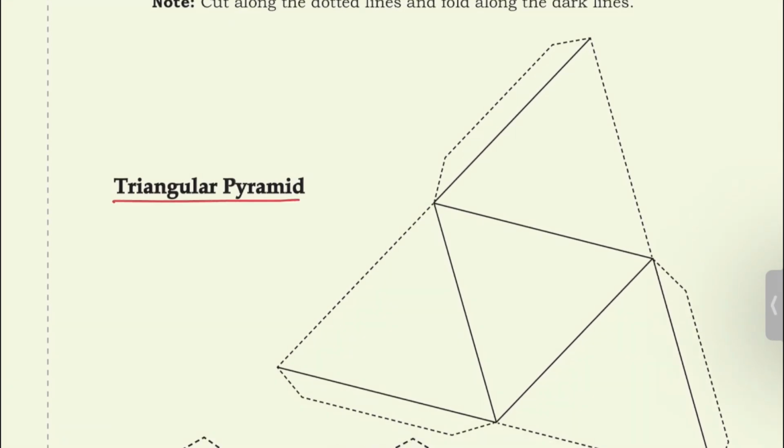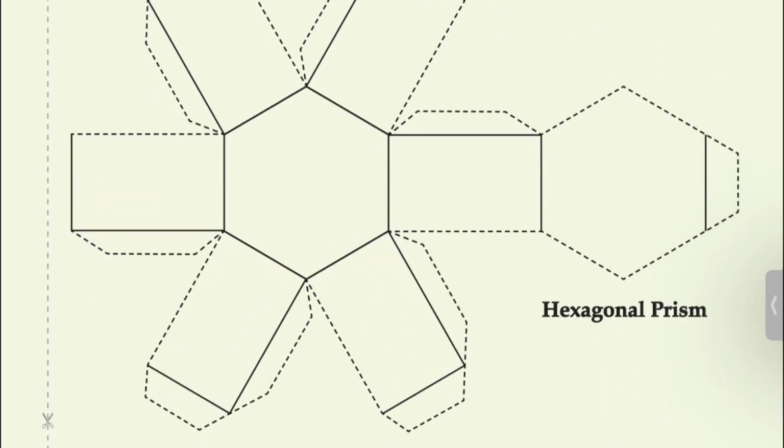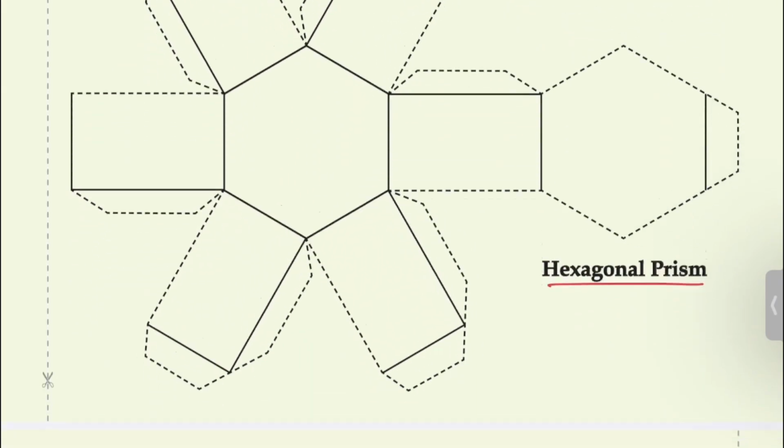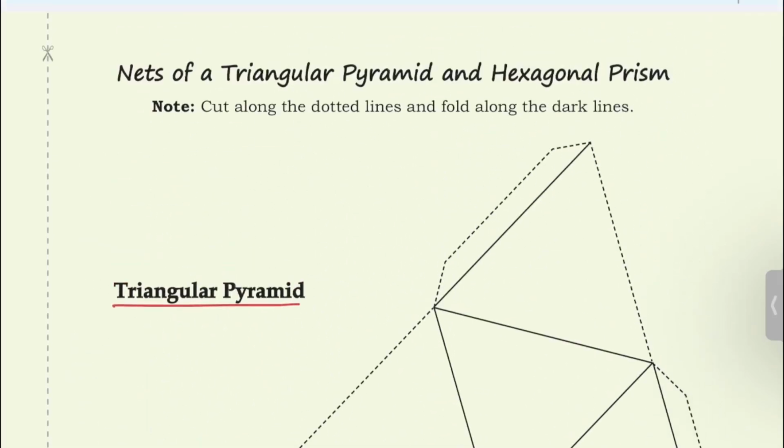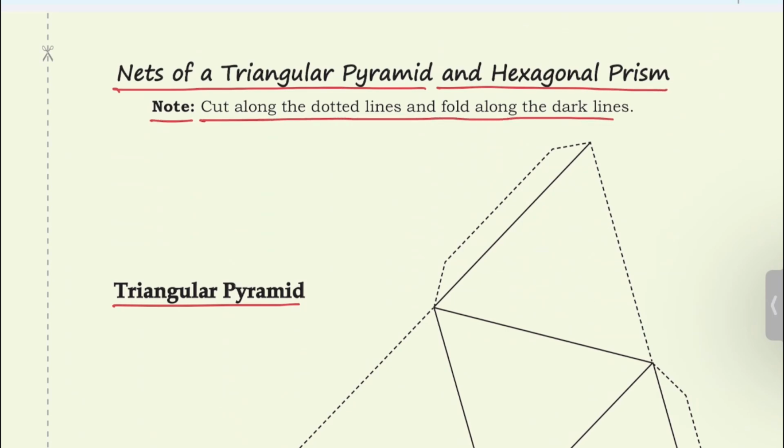Similarly, triangular pyramid, hexagonal prism here. Nets of triangular pyramid and hexagonal prism are given here. Note, cut along the dotted lines and fold along the dark lines.